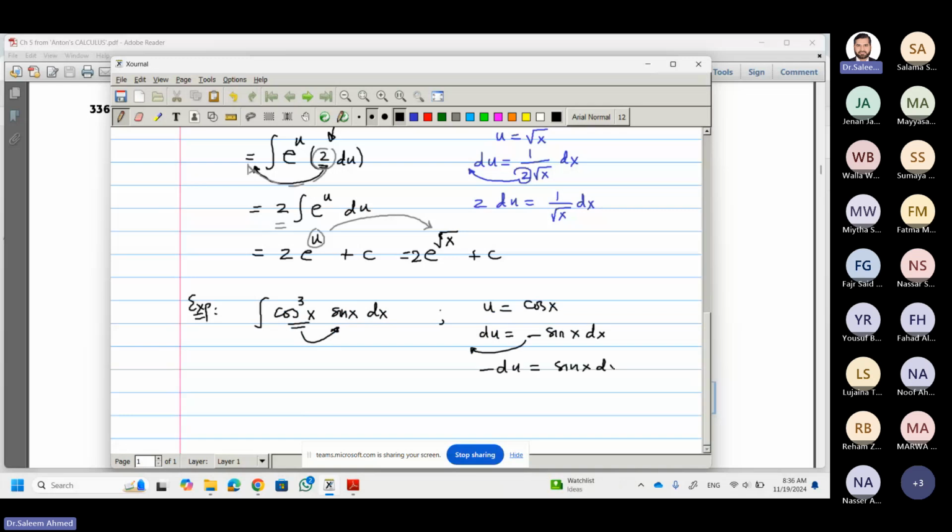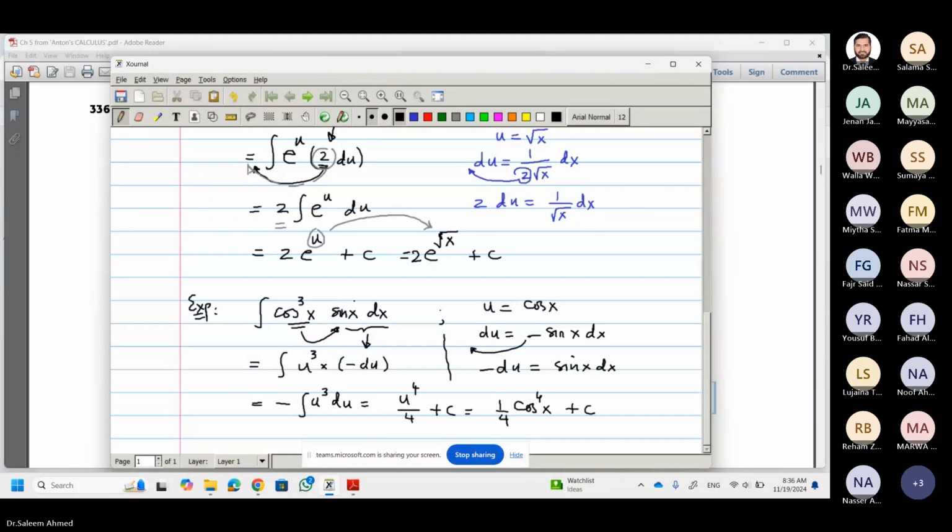It's a constant, minus 1. So I can write this as u to the power 3 into minus du. You can bring minus outside and write u cube du. It becomes u^4 by 4 plus c, and you can put u^4 as cosine^4 x plus c. So just by having this sine x here, things have become very easy.